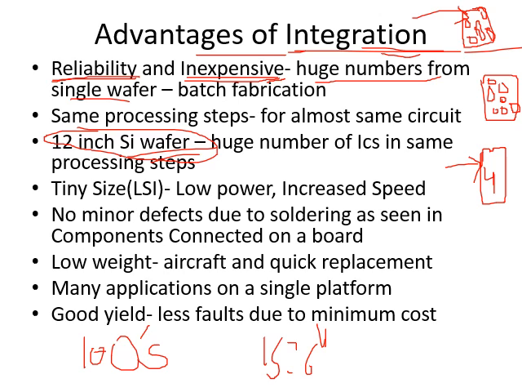So, how is it becoming inexpensive? See, all the procedures which we follow for fabrication, maybe photolithography, etching, metallization, oxidation, diffusion, ion implantation, whatever we have studied, all the processes have to be carried out for each IC, correct.